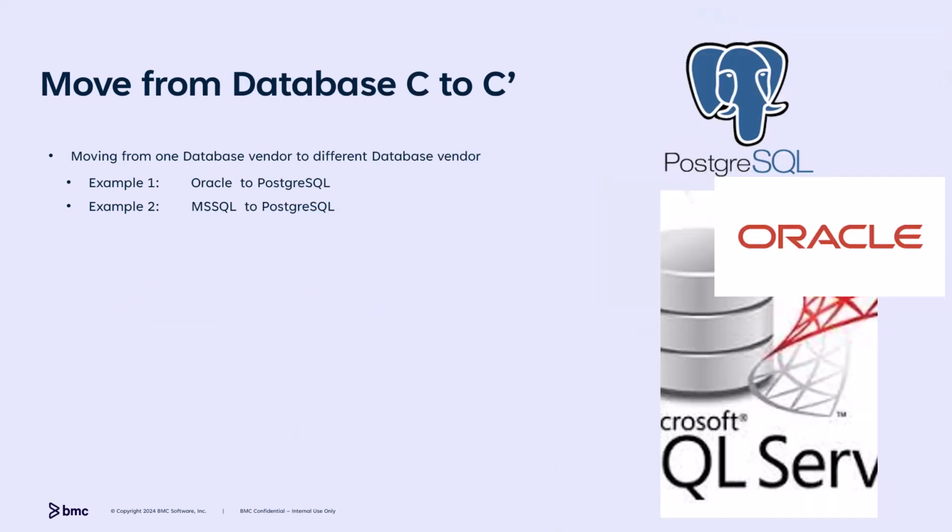Reason 3 for moving to a new target environment is due to changes in the database. If you are switching from one database vendor to another, for example, from Oracle to Postgres to save on licensing costs, you will need to reinstall Control-M on the new environment.